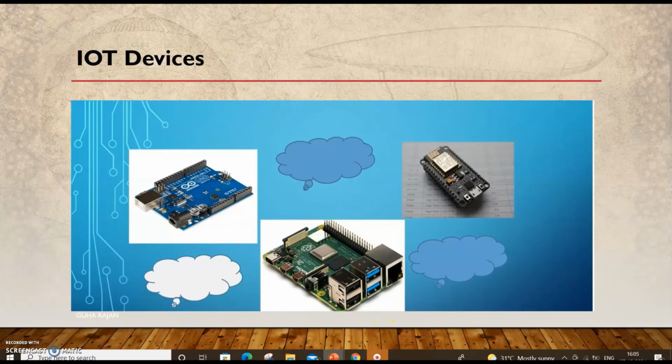Since it has a Linux operating system, it can work just as your computer, because you can connect a keyboard and a display unit. But yes, the capabilities will be much slower. It will not be as efficient as a laptop.